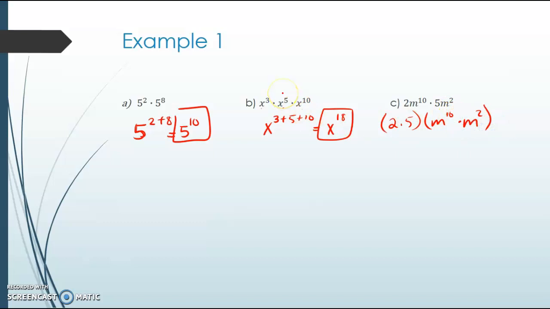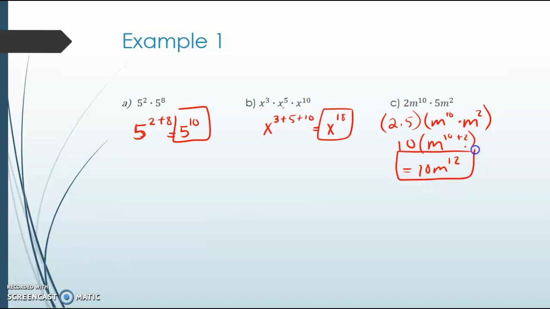So I'm just going to use the commutative property, which means that we can change our order when adding or multiplying, and move things around. So 2 times 5 is 10. And then we have m to the 10 plus 2. So our final answer is 10m to the 12th.